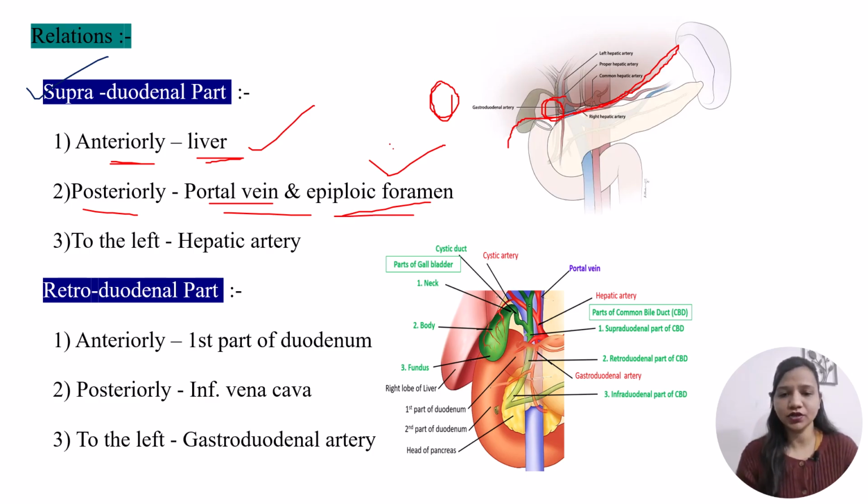You can appreciate here in this picture, this is the supraduodenal part, and behind this is the portal vein. So posteriorly the supraduodenal part is related with the portal vein and also the epiploic foramen, and to the left it is related with the hepatic artery.